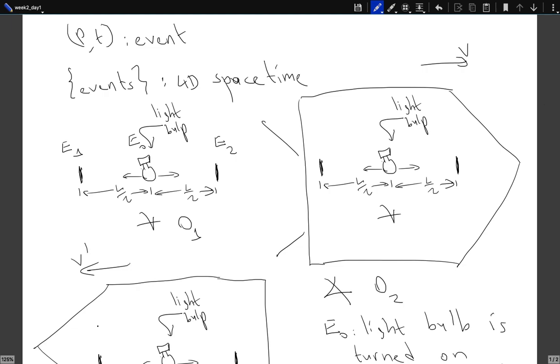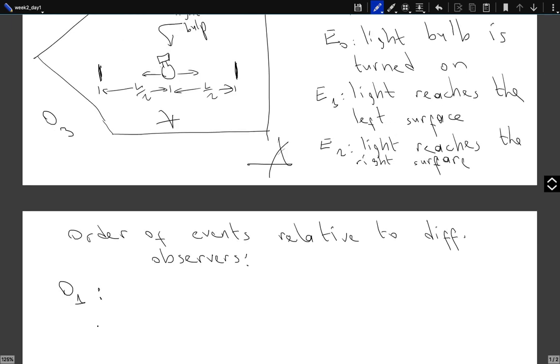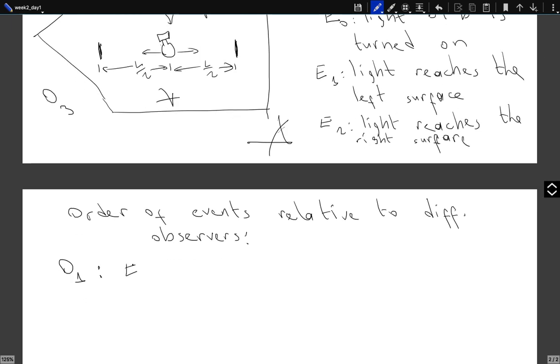Well, we said that it's first event 0. Event 1 and event 2 are simultaneous. First event 0, which causes event 1, which happens simultaneously with event 2.